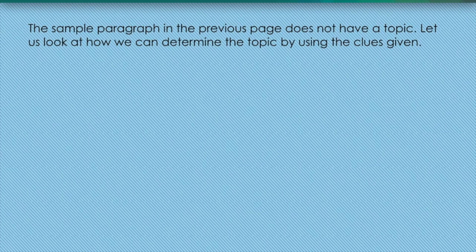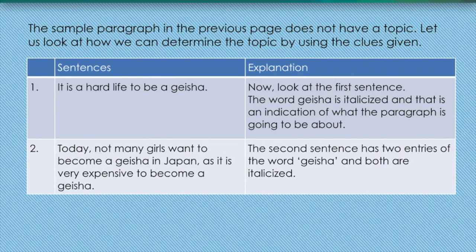Let us look at how we can determine the topic by using the clues given. Now, look at the first sentence. The word geisha is italicized, and that is an indication of what the paragraph is going to be about. The second sentence has two entries of the word geisha, and both are italicized.